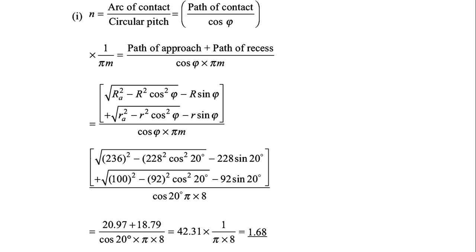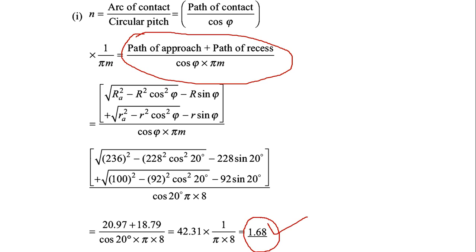So entirely I can use this to calculate the contact ratio. Together I can calculate, or you can calculate separately also. Here it is all done together, and when you solve it, you should get the contact ratio as 1.68. So this will be the answer.